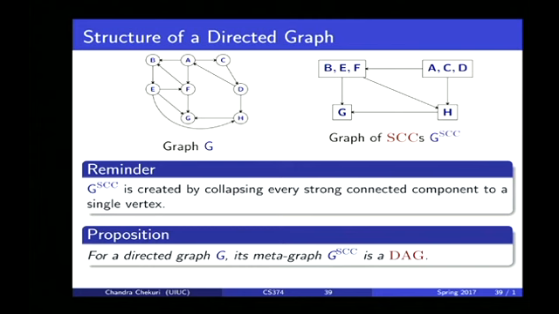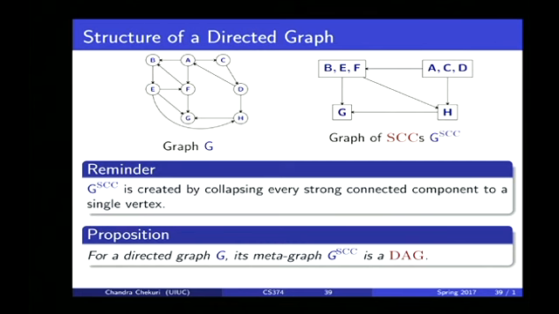Just recapping: for a given node, you can find the strongly connected component containing it in linear time. But then you have to do it for every node, so that will take n times (n plus m) potentially. Now the question is, can we do it in linear time, essentially the same time as exploring the graph once?